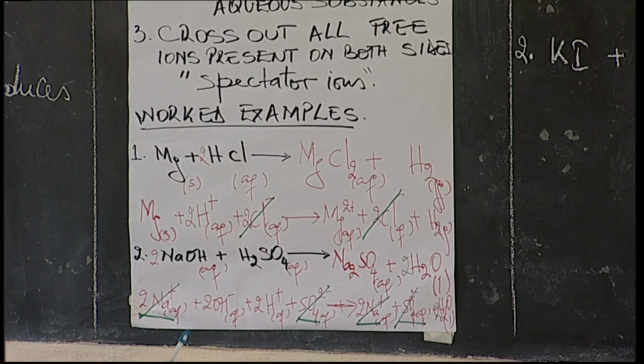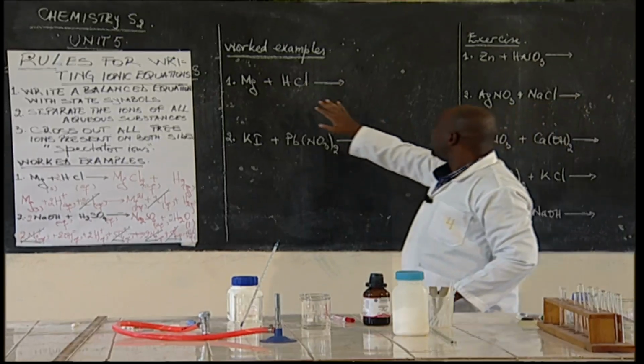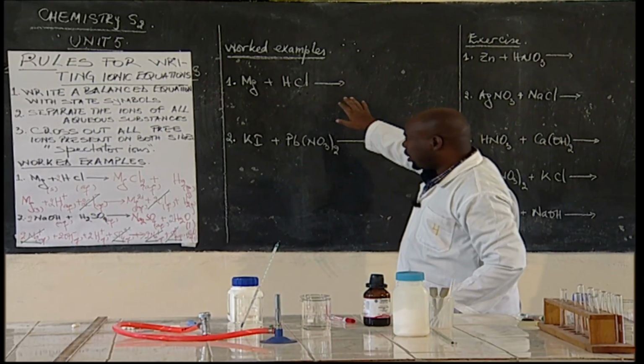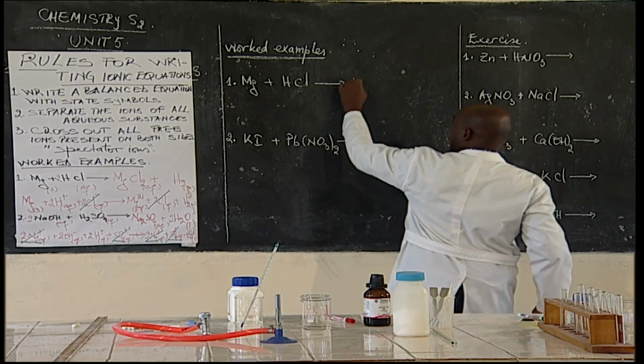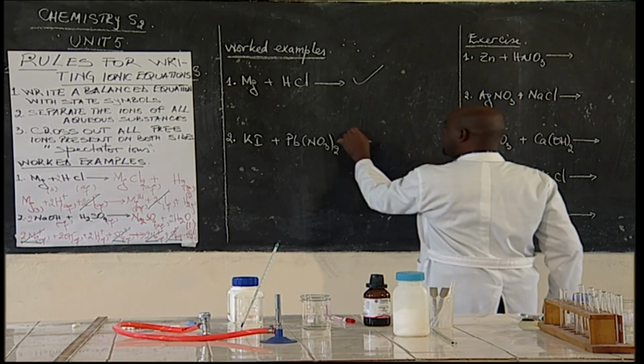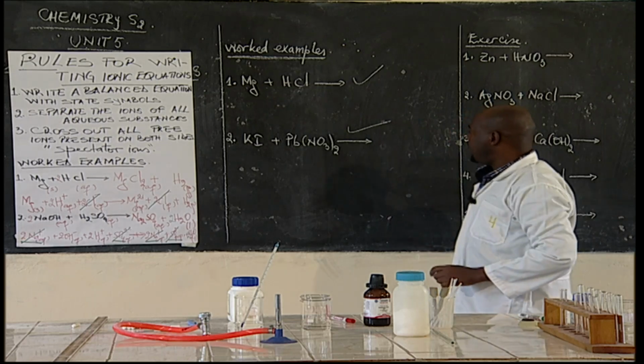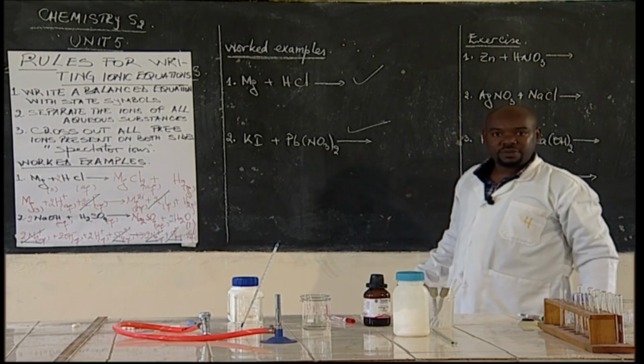Now here we have more examples to be worked on. We have magnesium reacting with HCl. We did this one. And the second one is potassium iodide reacting with lead nitrate.